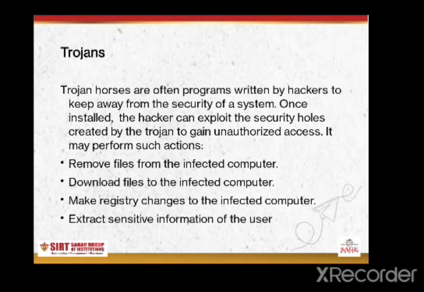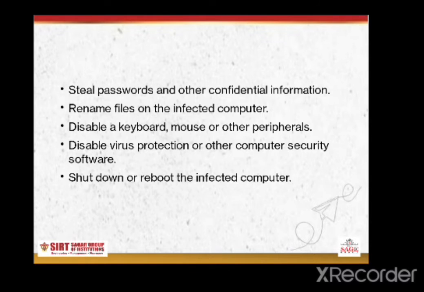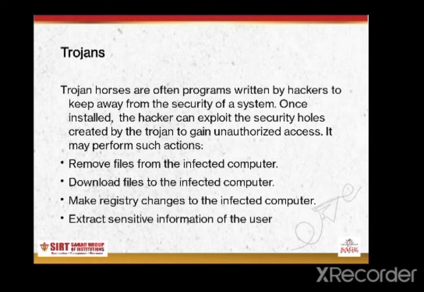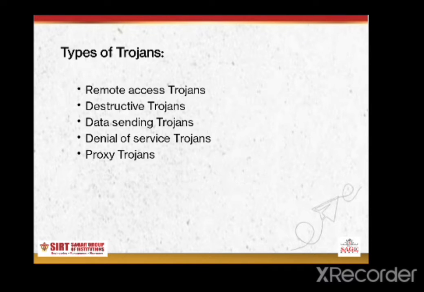After getting unauthorized access, they can perform different types of actions like making registry changes to the infected computer, extracting sensitive information of the user, downloading files to the infected computer, and removing files from the infected computer. They steal the password, they shut down or reboot the infected computer, they rename the files, they disable the keyboard, mouse, or other peripherals, and disable virus protection or the computer security. So this is how the Trojan horse works.